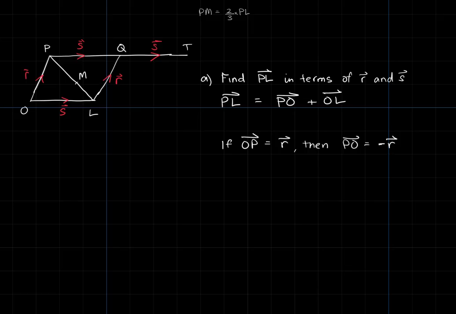So PL will be equal to PO plus OL, but PO is going to be minus R, and then OL, that's S. We can rewrite it as S and a minus R there. And that's our answer for PL.